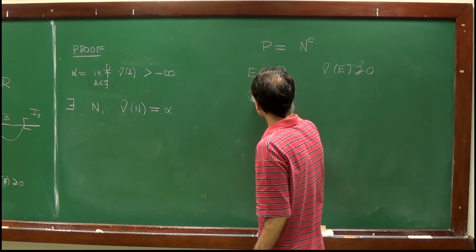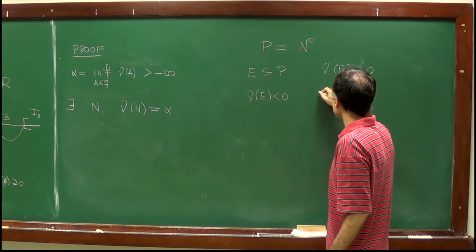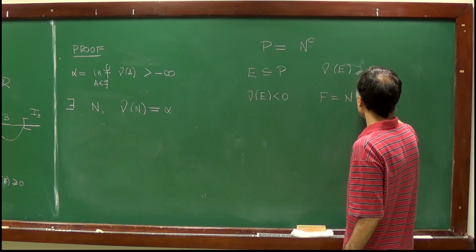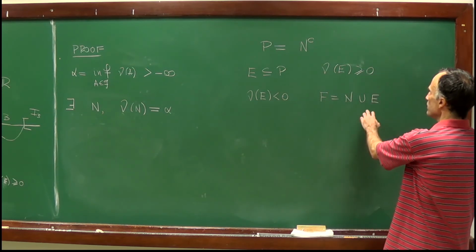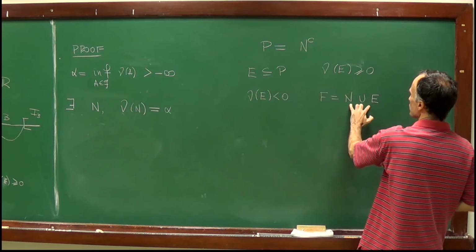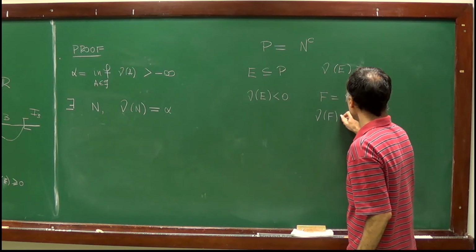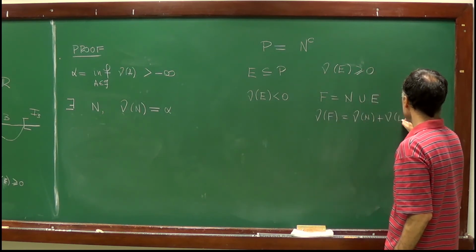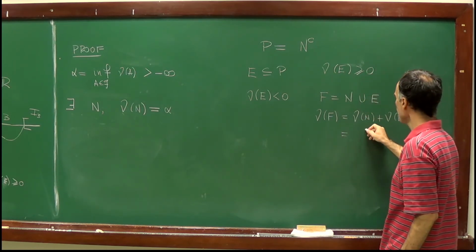If nu of E is negative, then if I take the set F as the set N union E, well, since E is contained in P and P is N complement, the intersection of these two sets is empty. Therefore, nu of F is equal to nu of N plus nu of E. Nu of N is alpha.